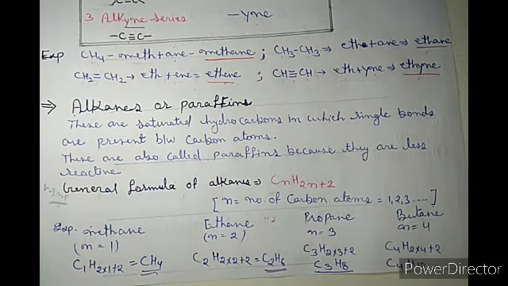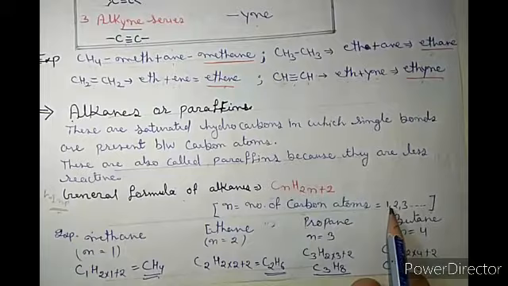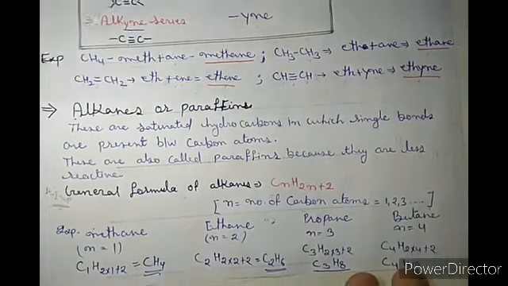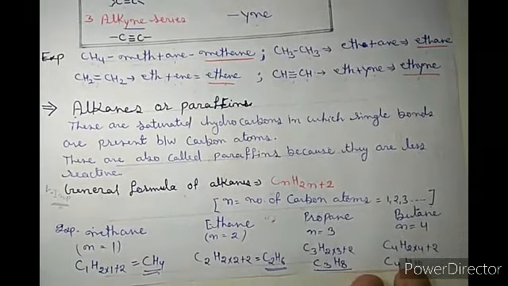If we know the general formula, then we can make their series, that means the successive order of molecules. Got it? The general formula is CnH2n+2, where n indicates the number of carbon atoms. For alkanes, its value is 1, 2, 3, 4 and so on, till infinity.